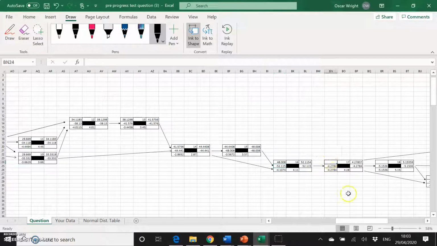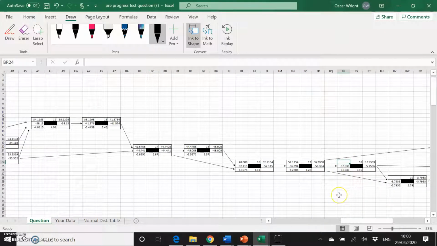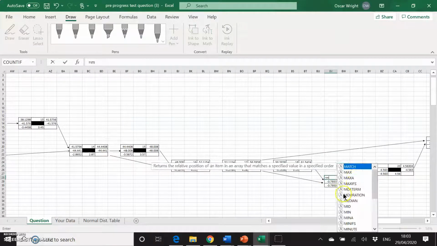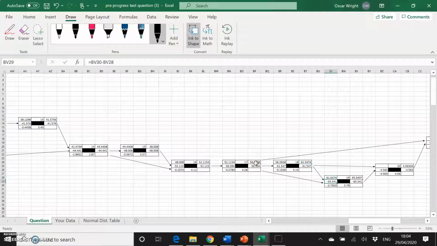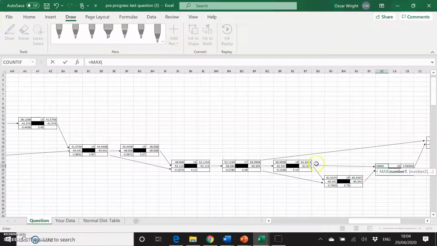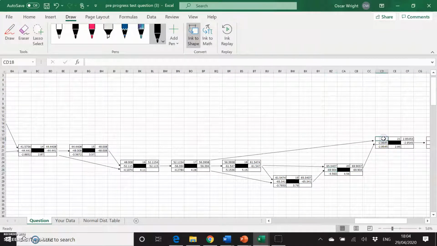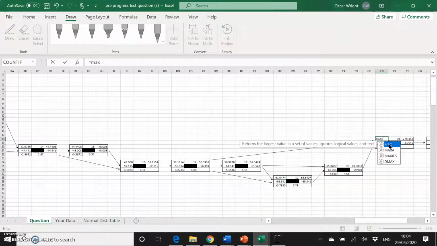Then we have the early start for number 17 is the early finish for number 16. 18 is only preceded by 17, so it must equal the early finish of 17. 19 is going to be the max of both 18 and 17. 20 is going to be the max of 18 and 19. 21 will be the max of 20 and 17.